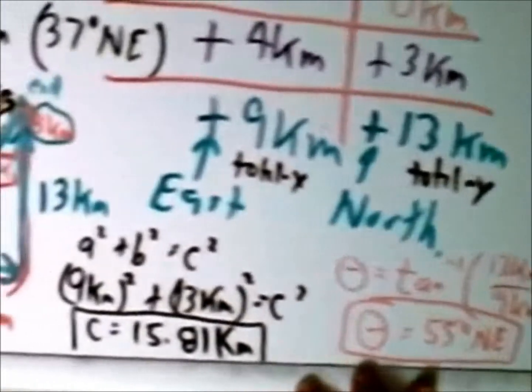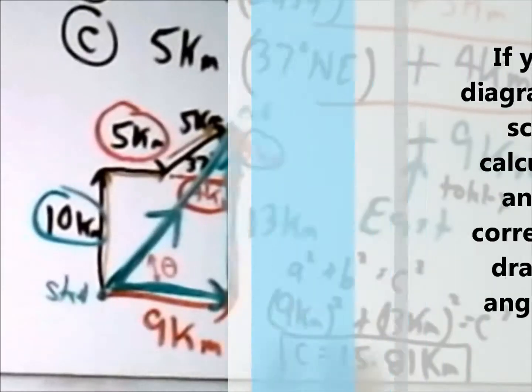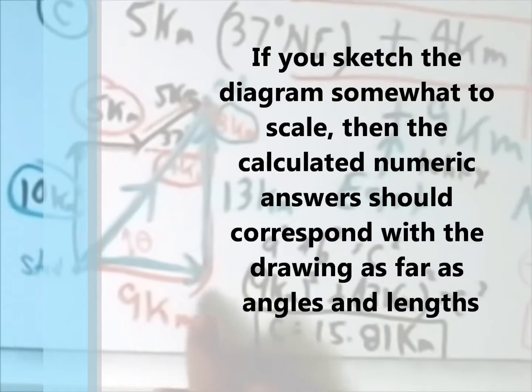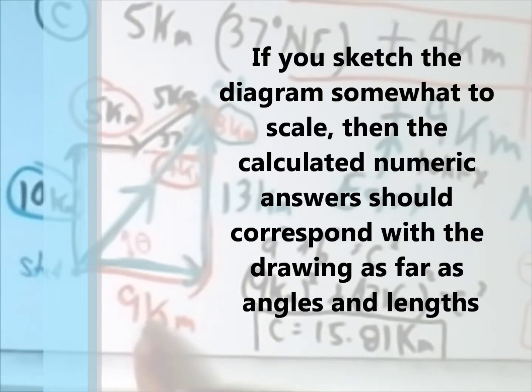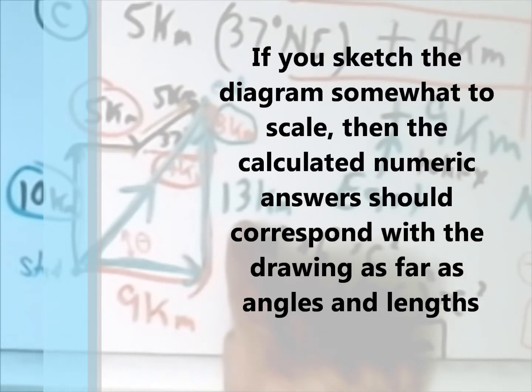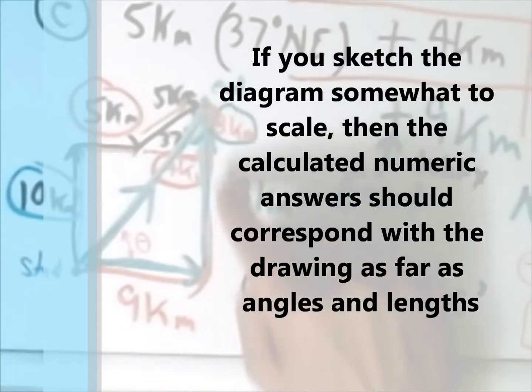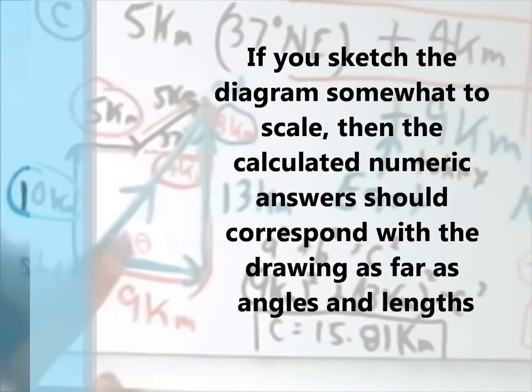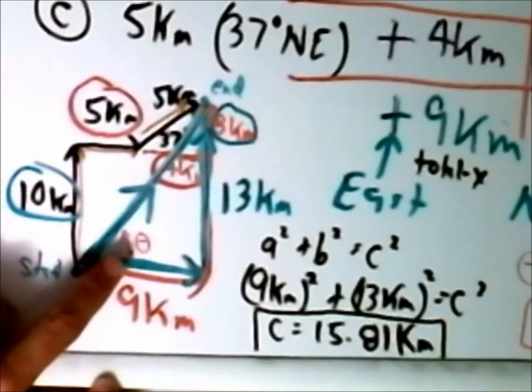And if I've drawn it at all close, if you draw it all closely, it should kind of look to scale. So just the things I want to point out, look at the 9 kilometers. It's a length that is shorter than here, the 13. 13 is a bigger number, so you'd expect a longer line, and I see that. The angle was 55 degrees. If you look at this triangle, that angle does look like it's steeper than 45 degrees.